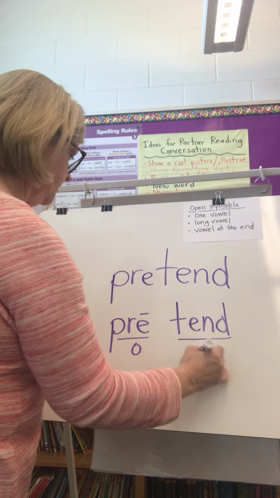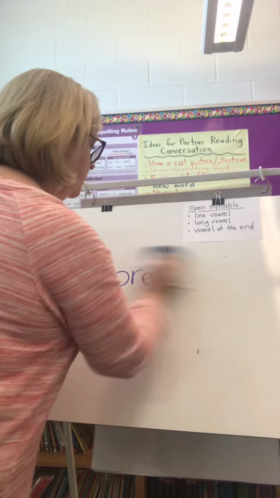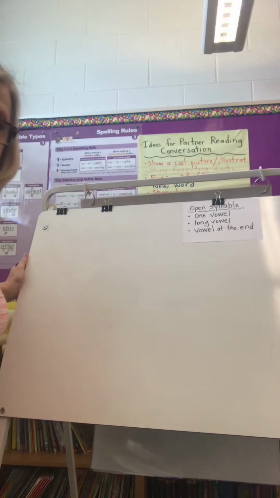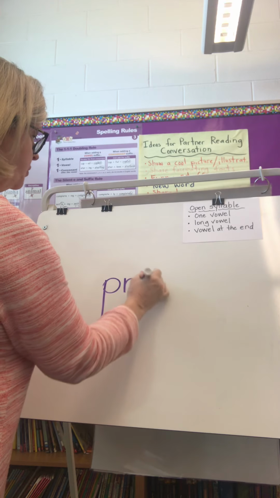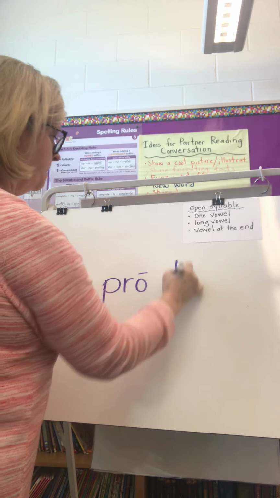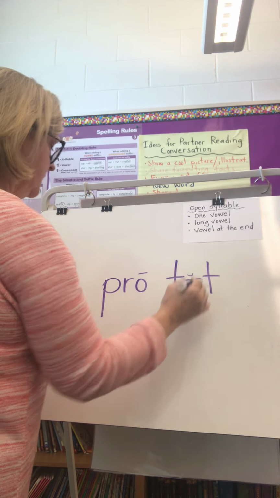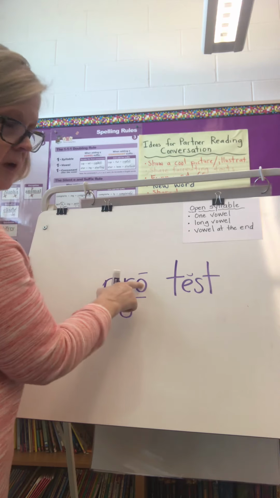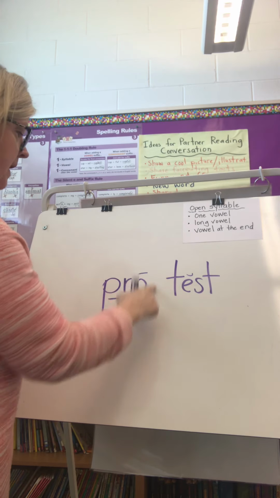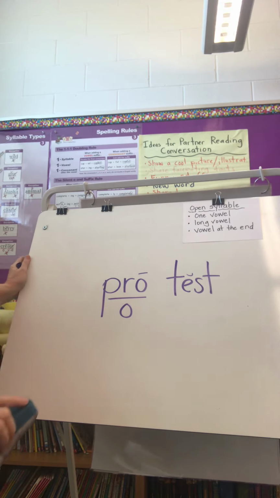This syllable was closed. The next word was protest. So pro, we have the long O, and in the next syllable, we have a short E. This is open. The vowel is at the end of the syllable, and it is a long vowel.